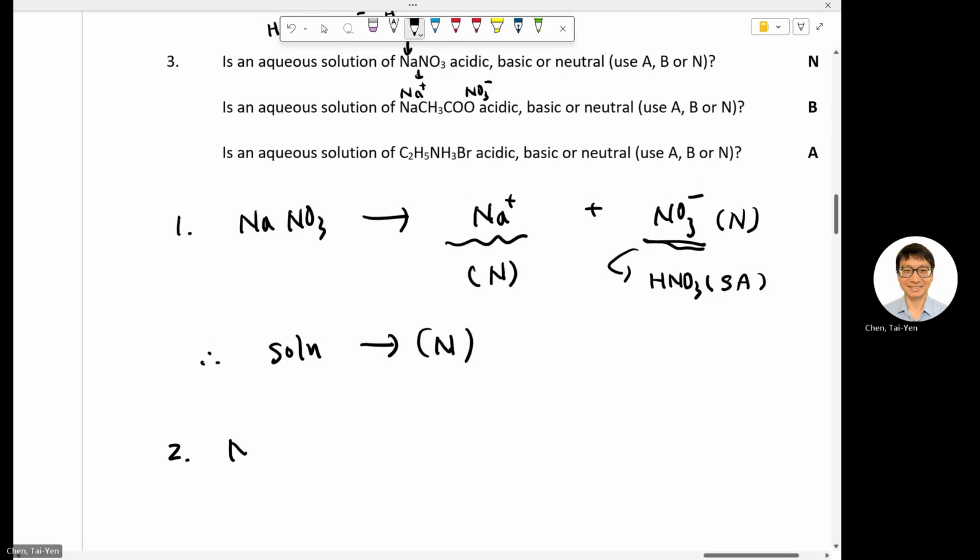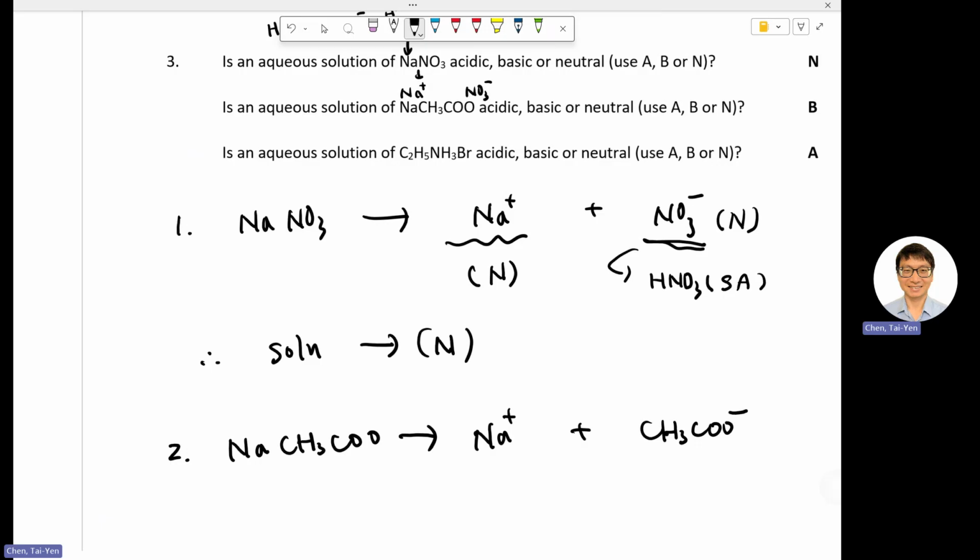Second, NaCH3COO. Once this dissociates, again, it produces Na+. And then the remaining part will be CH3COO-.